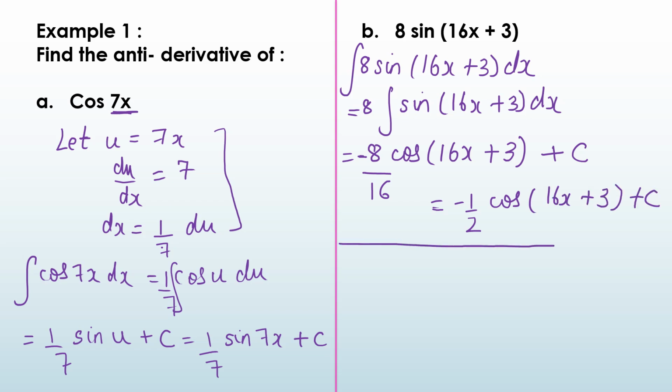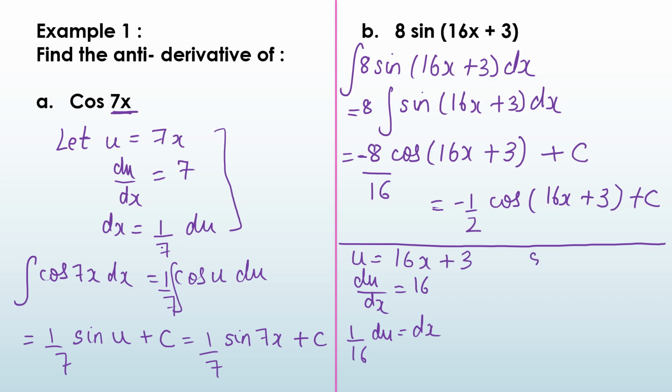If you were to use the substitution method, then you would substitute u as 16x plus 3, and then du over dx would have given you 16. Therefore, dx would have been 1 over 16 du. And then you substitute it here. So that's 8 sine u, and dx would become 1 over 16 du.